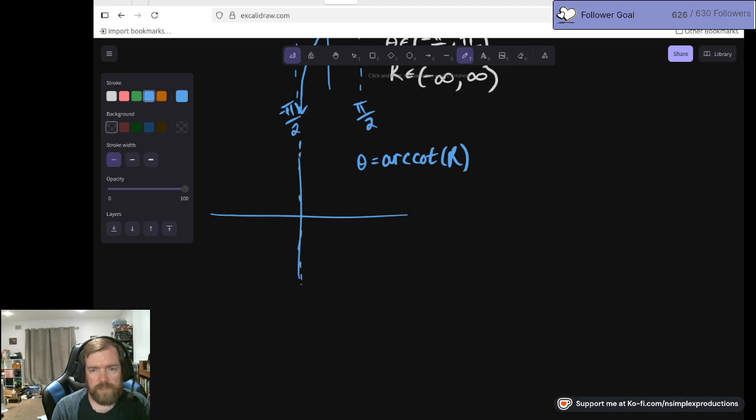Cotangent has asymptotes on multiples of pi. So pi, negative pi, 2 pi, 3 pi, 4 pi, negative 2, negative 3, negative 4 pi. So all those values, integer multiples of pi, end up having asymptotes.